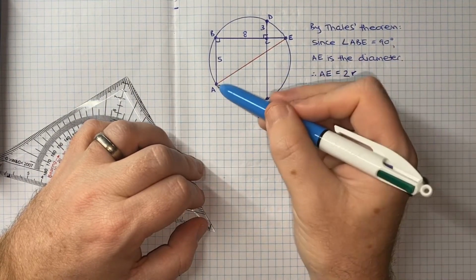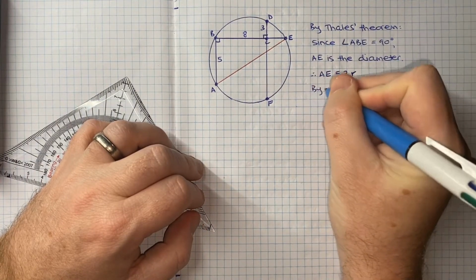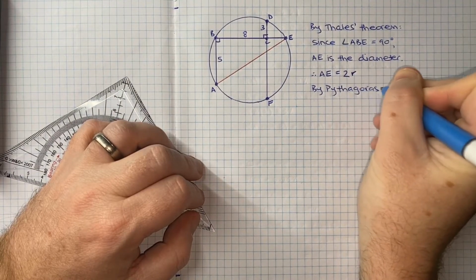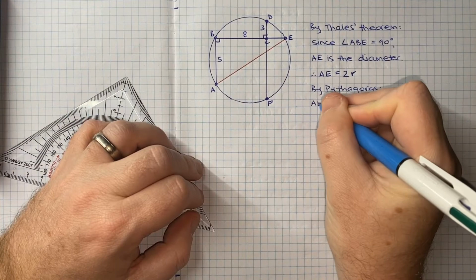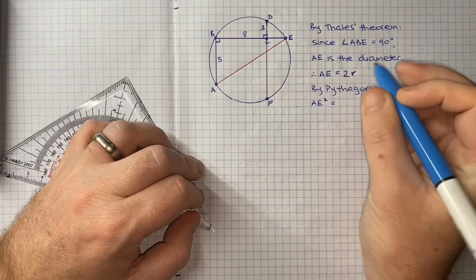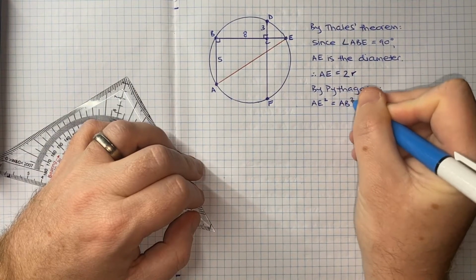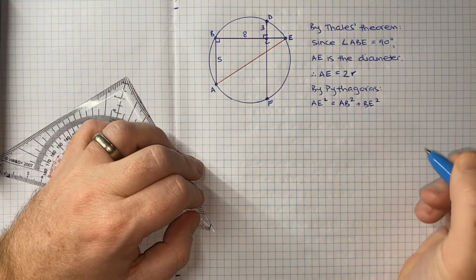And noticing that this is a right angled triangle, by Pythagoras, AE squared, the hypotenuse squared, is the sum of the squares of the other two sides. So AB squared plus BE squared.